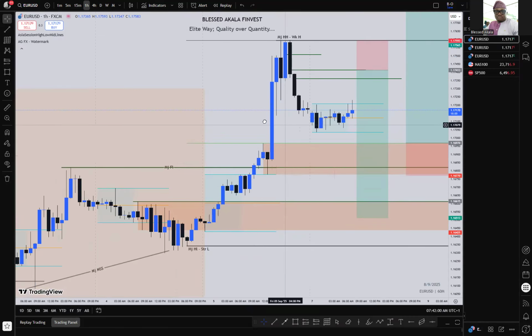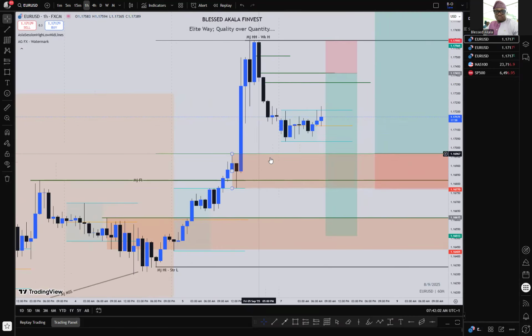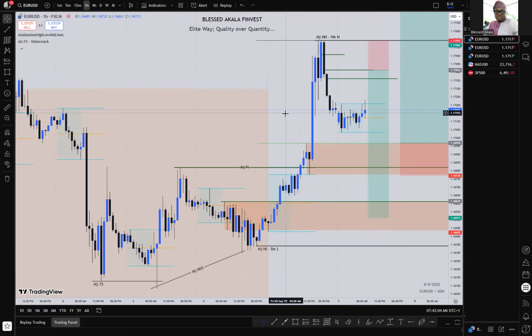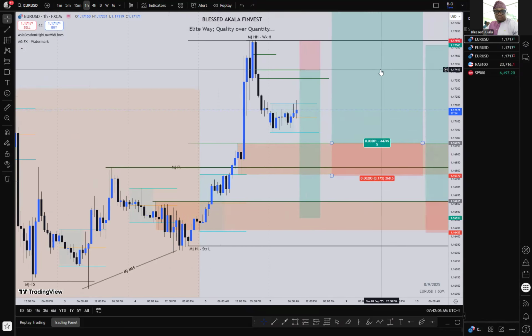But nonetheless, if we come to fulfill the 50% equilibrium first of our 4-hour structure, then we can continue to hope that the market is going into the highs. But from the kind of price reaction we have from this level, I'm willing to sell from this area if peradventure price gets to that level, because there is another level in the market that we can be anticipating.